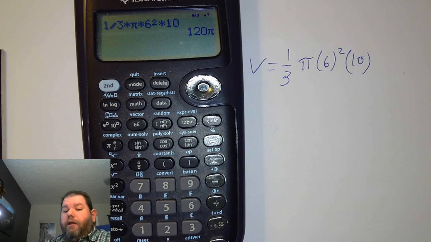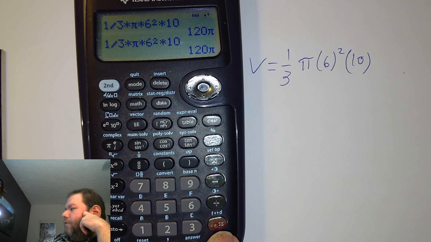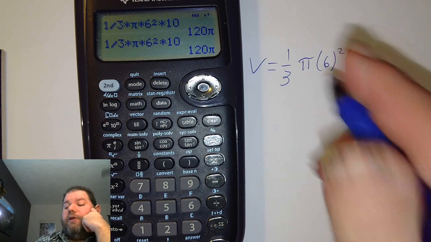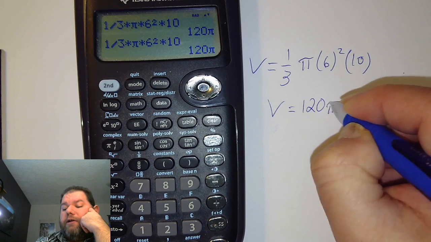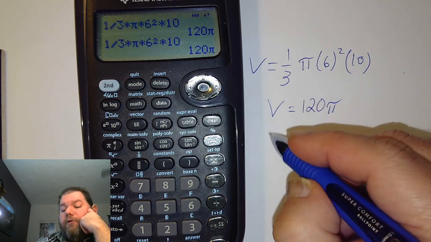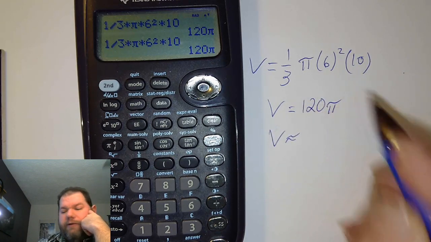Now, depending on your calculator, at this point mine's giving me 120 pi. Unfortunately, it doesn't want to not give me 120 pi. Now, so we can say our volume in this case is equal to 120 times pi, but we may also want to approximate that answer.